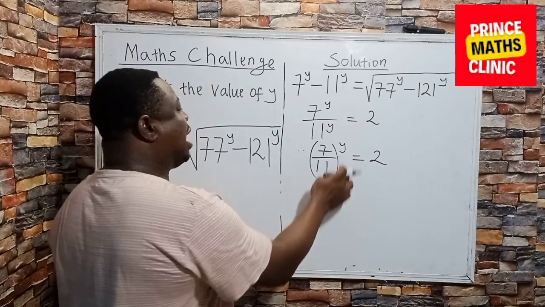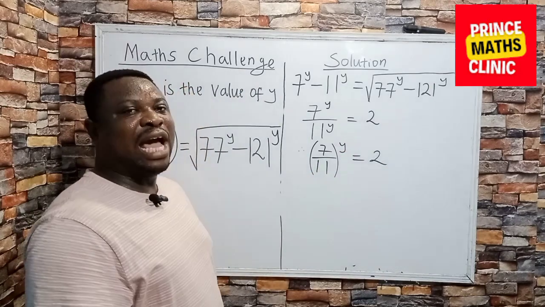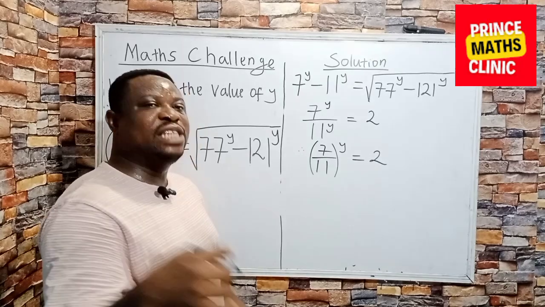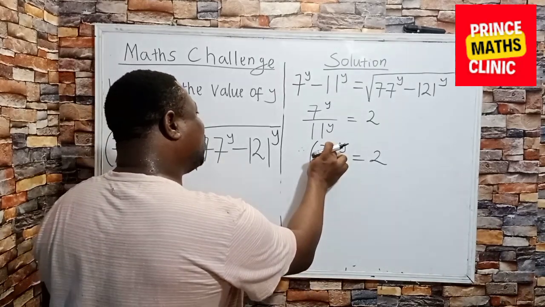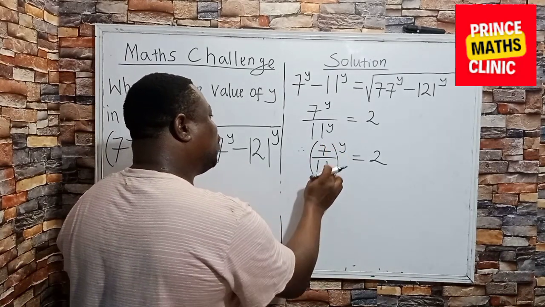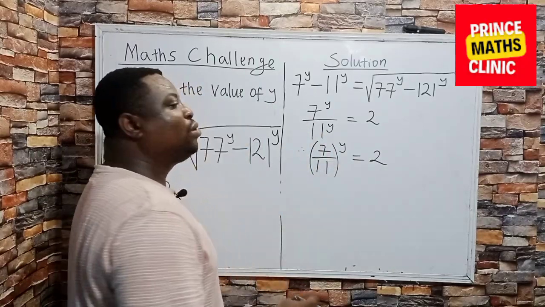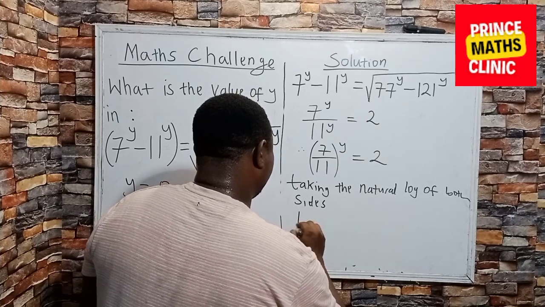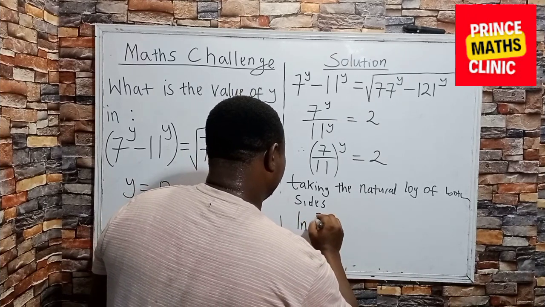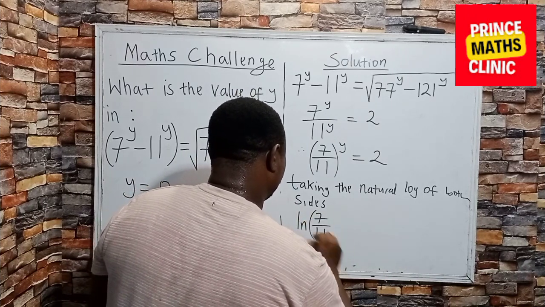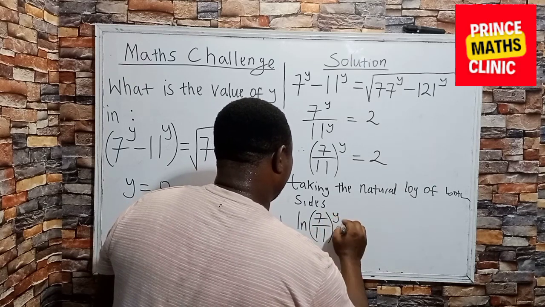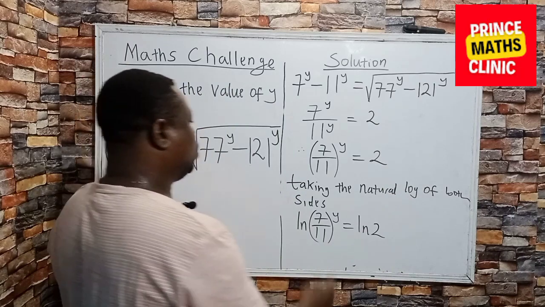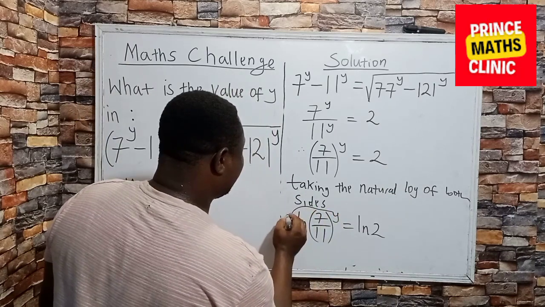Therefore, to obtain my y, I'm going to take the log of both sides, or the natural log of both sides, or the log of both sides in base 7 over 11. If I take the natural log of both sides, I will have ln of 7 over 11, all to the power of y, equal to ln 2. So this y comes here.